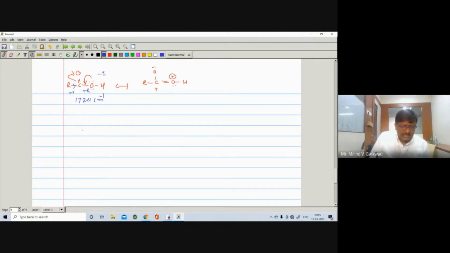Suppose if you take such a type of example, here is a benzoic acid, presence of pi bond, right? Here is a C double bond O and OH. If you take the corresponding analog, cyclohexane carboxylic acid, double bond O and OH.